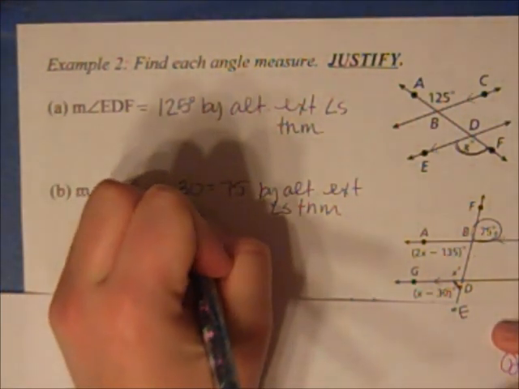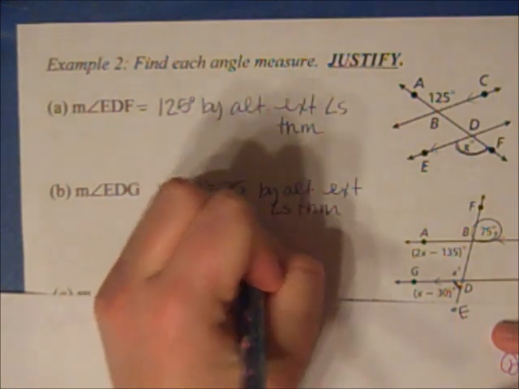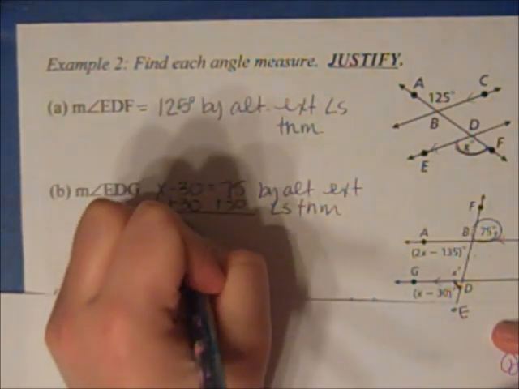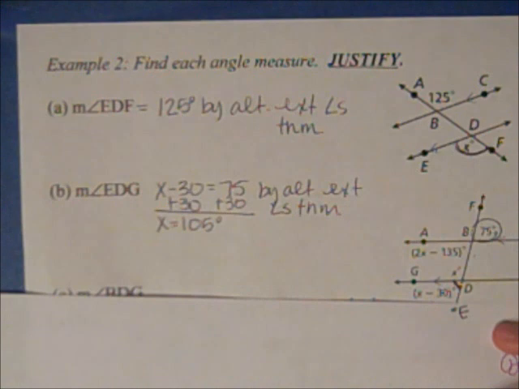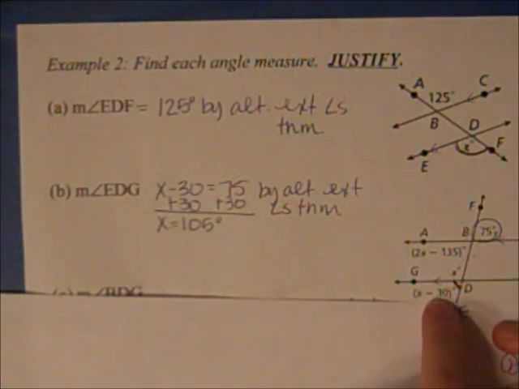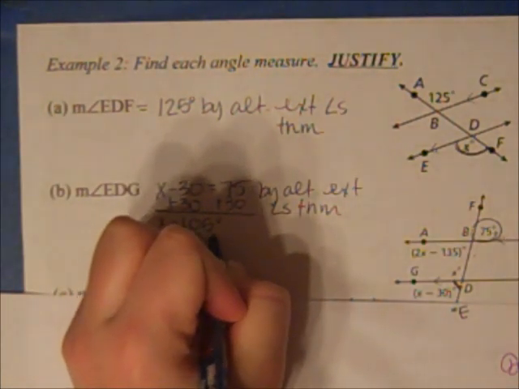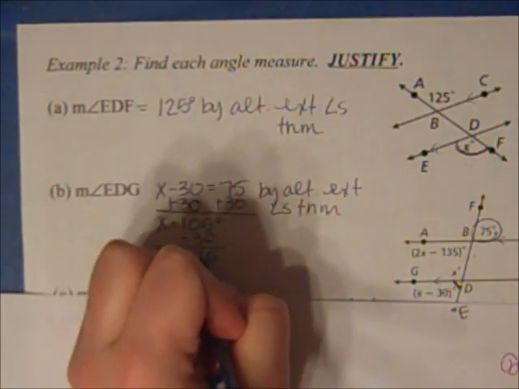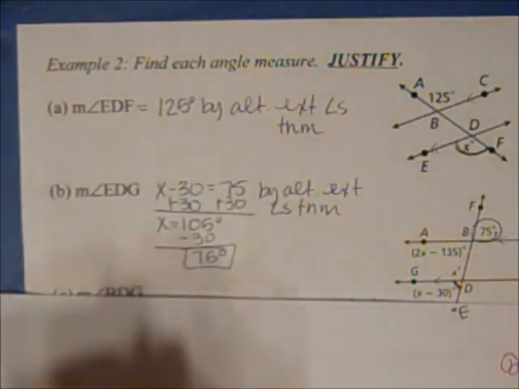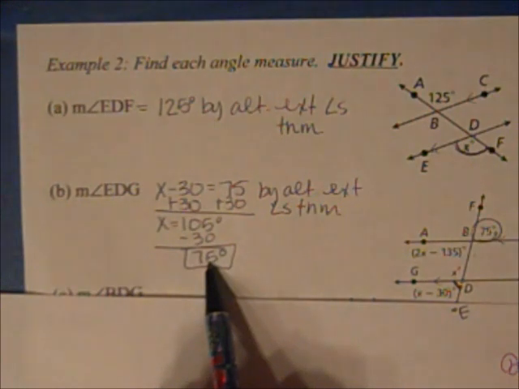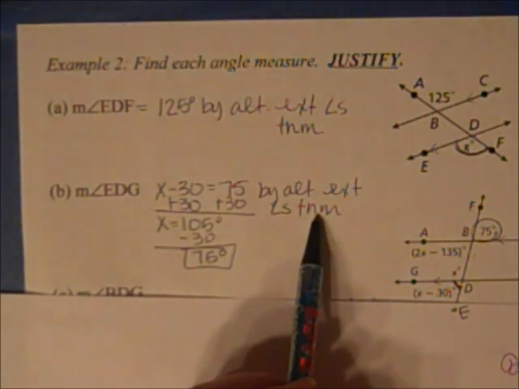All I have to do is add 30 to both sides, so X is equal to 105 degrees. Now be careful, I don't want X, I want this angle EDG, which is X minus 30. So if I just take off 30, then I'm left with 75 degrees. So my final answer is 75 degrees by the alternate exterior angles theorem.